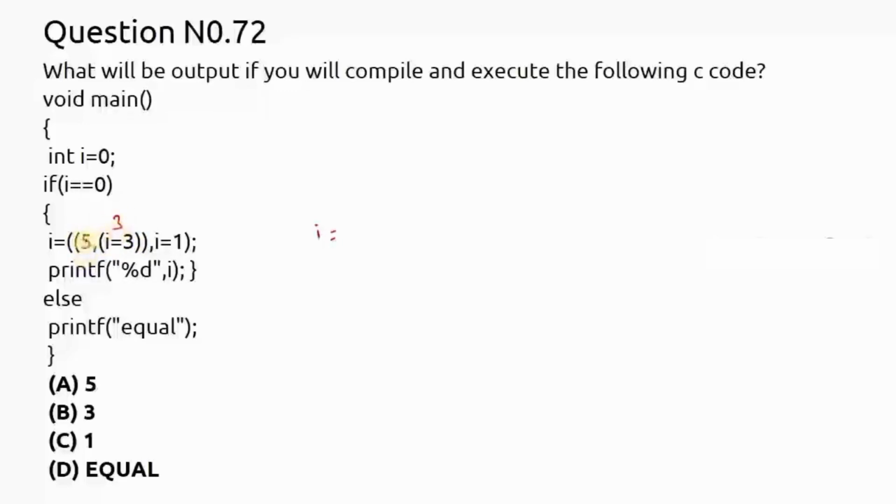Now 5 comma 3, like this it is. So if I don't put braces, i value will become 5. Now braces are there, that's why i value will become 3. So now 3 comma 1, again braces, so value will be taken as 1 here. So the i value will become 1. Like this it happens when you consider braces. So the answer is C.